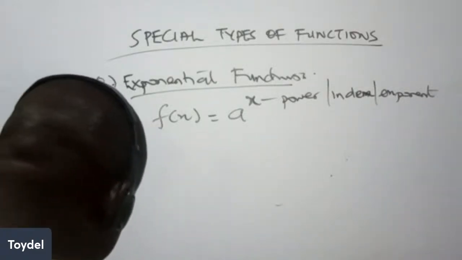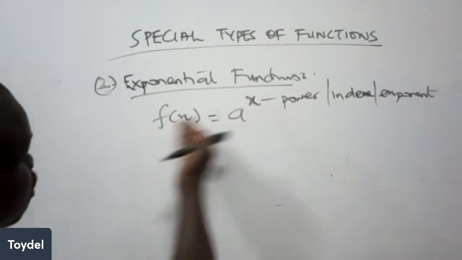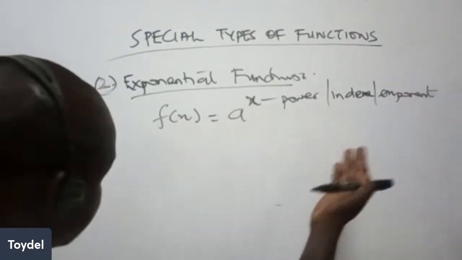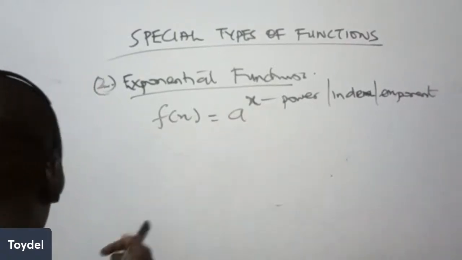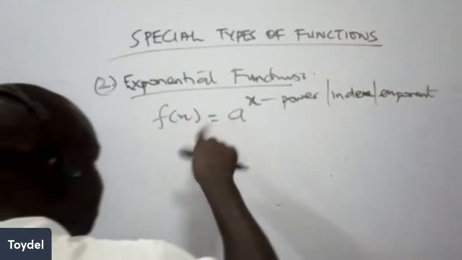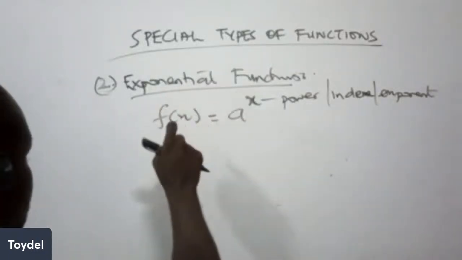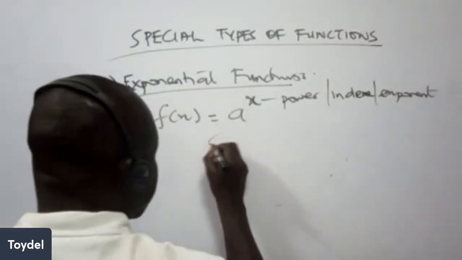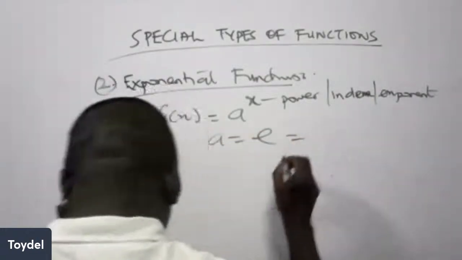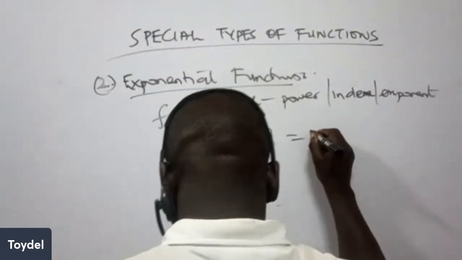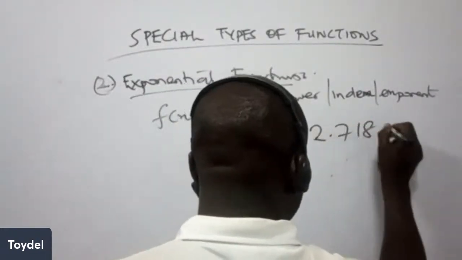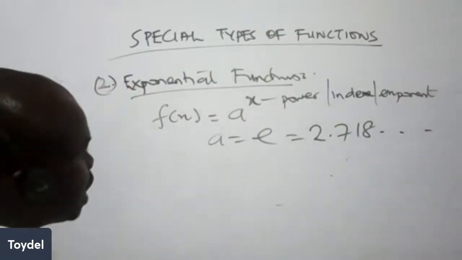The exponential function obeys the law of exponent, the law of indices. There is an important special function of this kind, where a is equal to e. The value of e, you can check in your calculator, is 2.718 and it continues in that order.